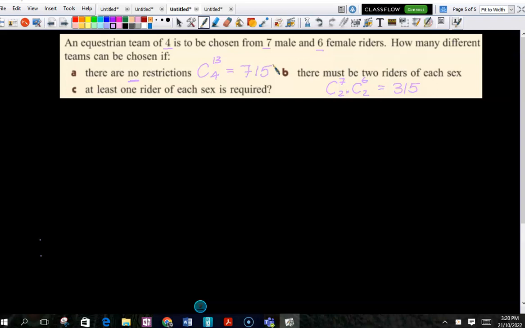At least 1 rider of each sex is required. At least 1. So how are we going to do that? It means that you could have 1 male and 3 female.